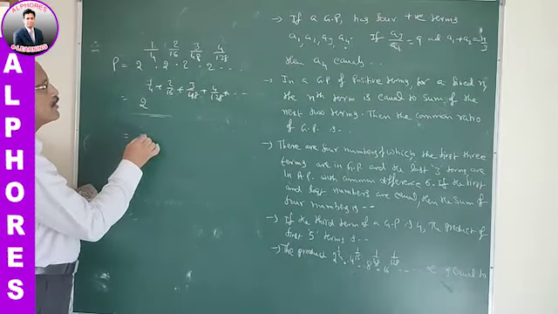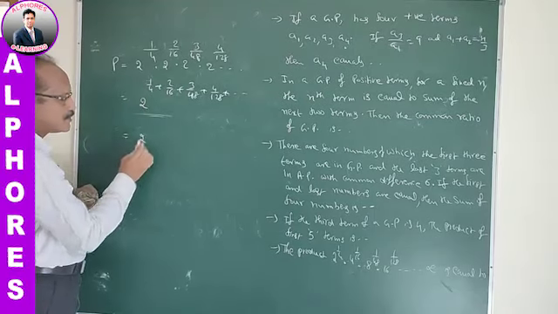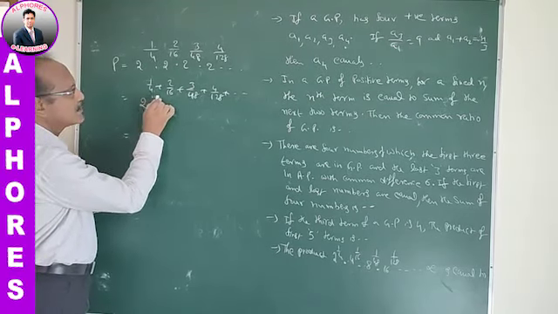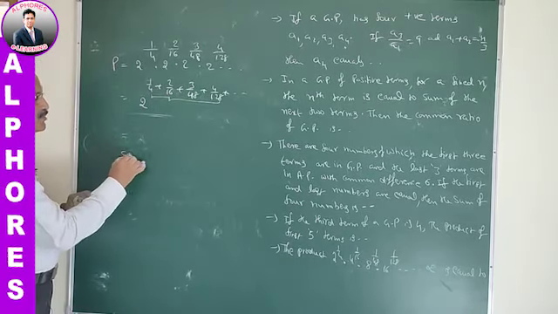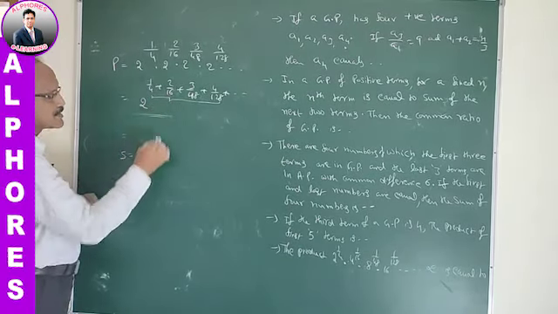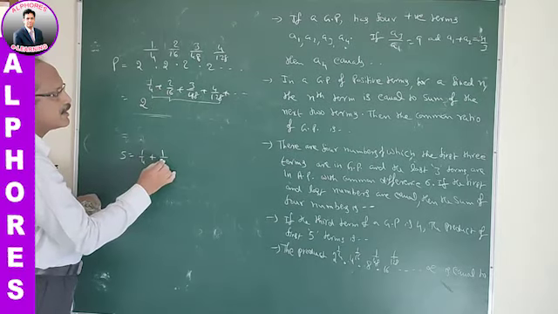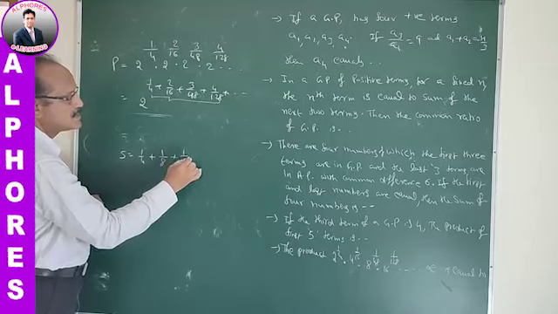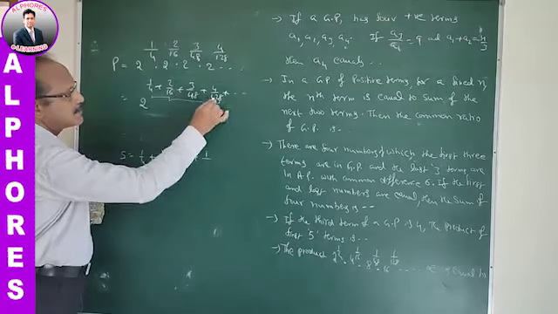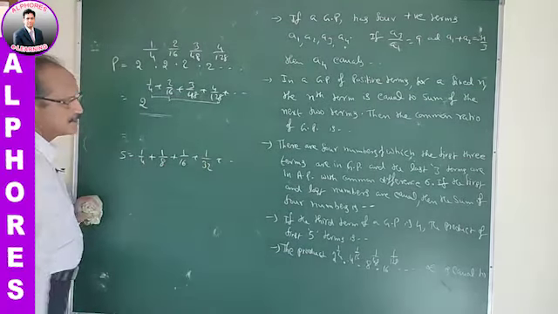Of course, you have to calculate the sum of the series, right? That sum is given by 1 by 4 plus 2 by 16 means 1 by 8 plus 3 by 48 means 1 by 16 plus 1 by 32, like that.